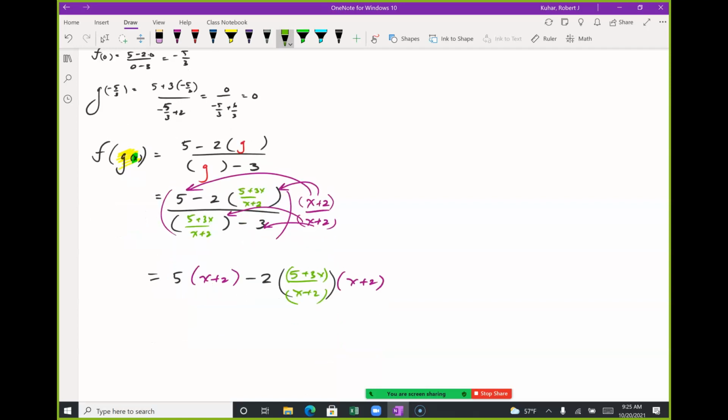I can clearly see that those x plus 2's are going to cancel, but I'm just trying not to skip any steps here.